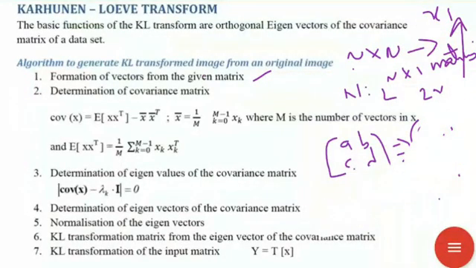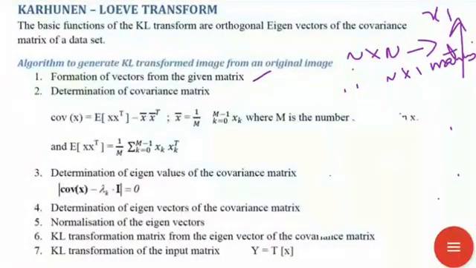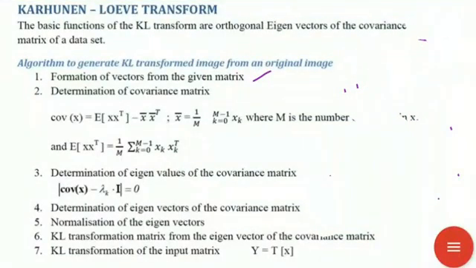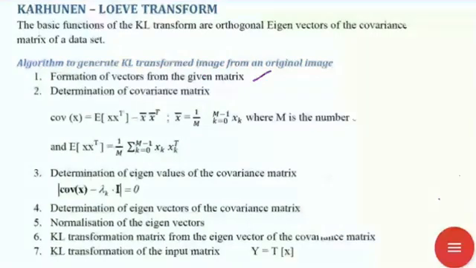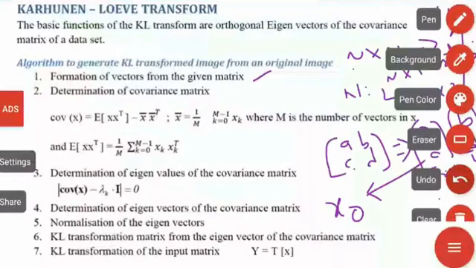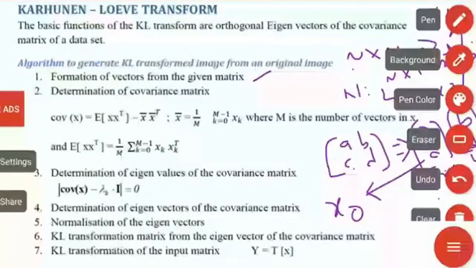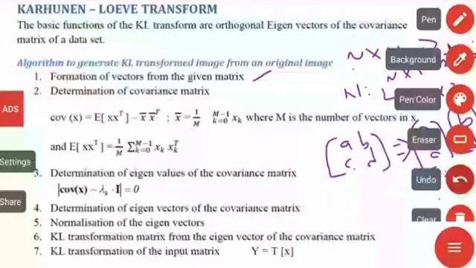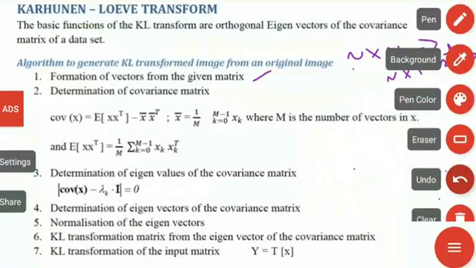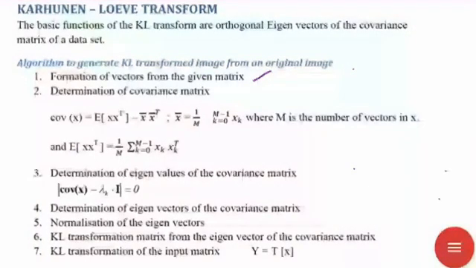After getting the vectors, the second step is determination of the covariance matrix.